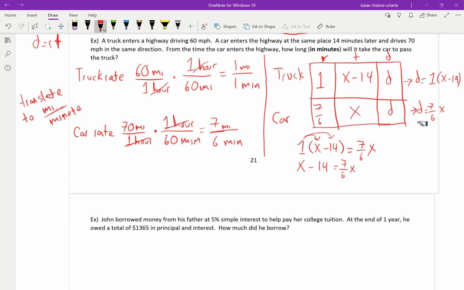I could put all of my X's on one side of the equation, so solve for X at this point. Let me subtract X from both sides. So I have negative 14 is going to be equal to what? 7/6 X minus X.